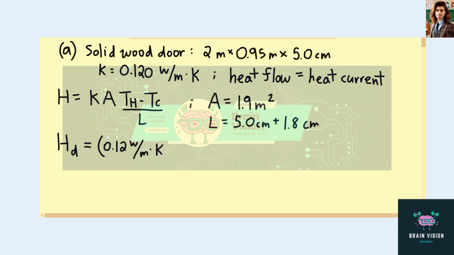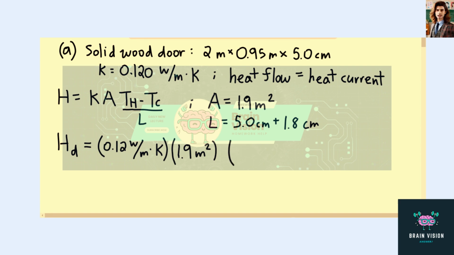We're talking about heat flow, and heat is energy, so that's in joules. But we're talking about a current or a flow, that's over time, so we want our units to be watts. And times the area, 1.9 meters squared.